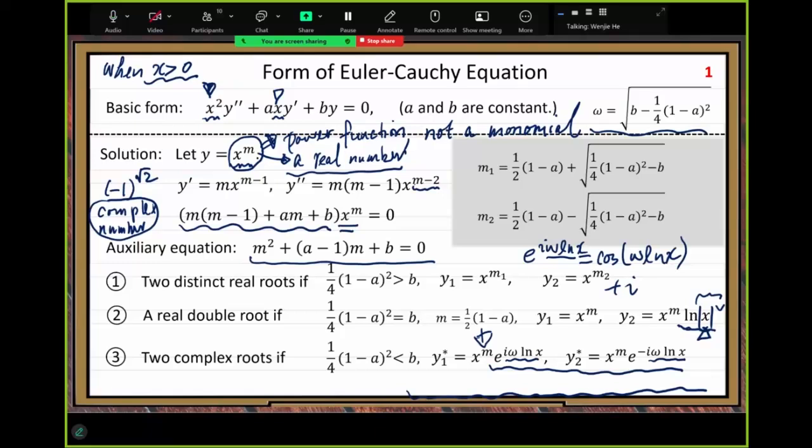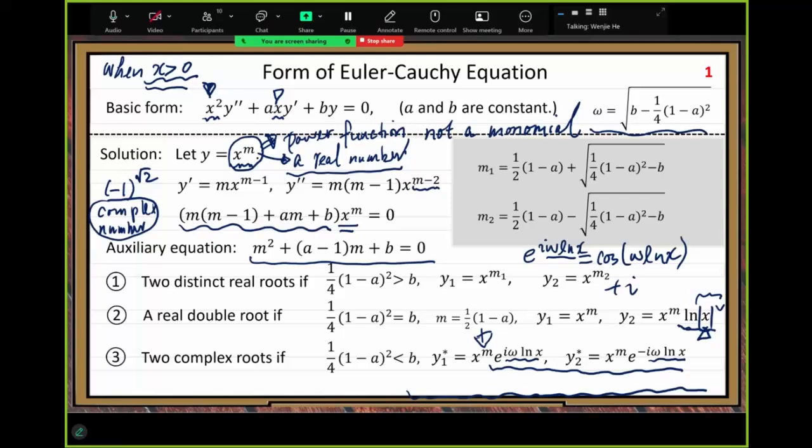It's not a real function. Although people may say it's okay to use complex functions, in real world applications, if the complex explanation does not make sense and we want to restrict ourselves to real functions, then we need x positive. If x is negative, the power function will give you complex numbers. So that is a partial reason.